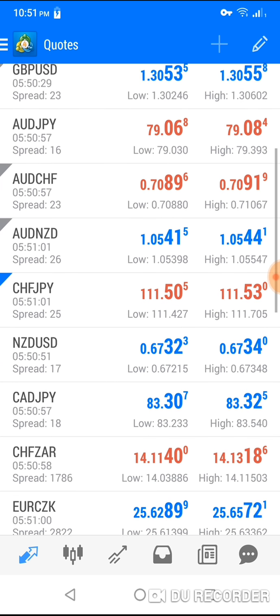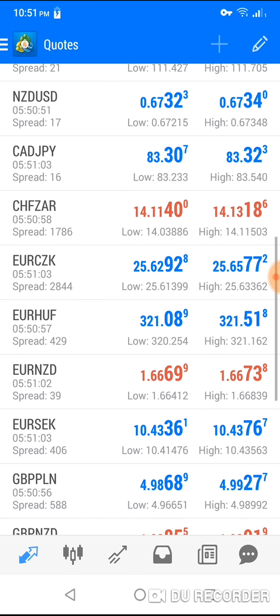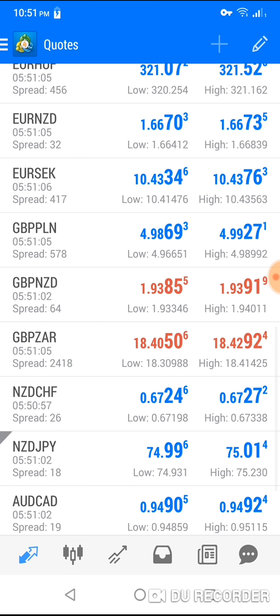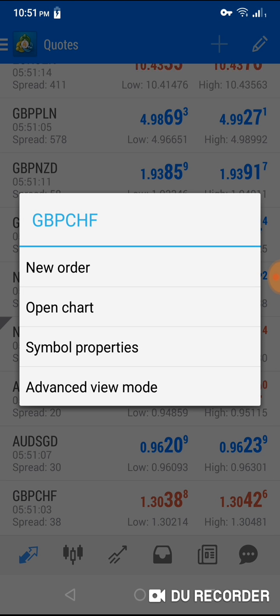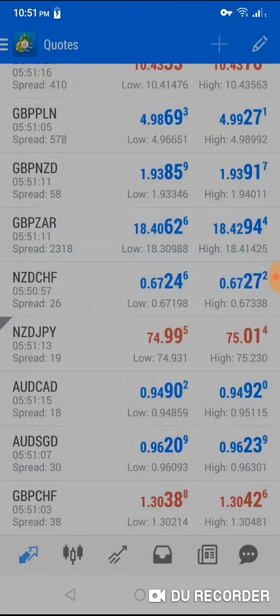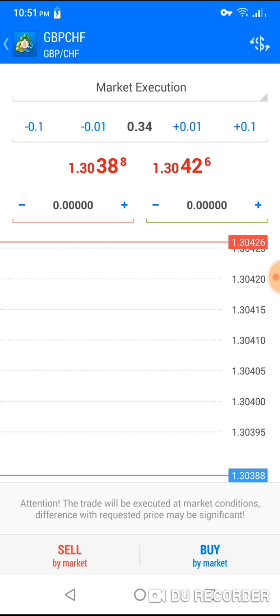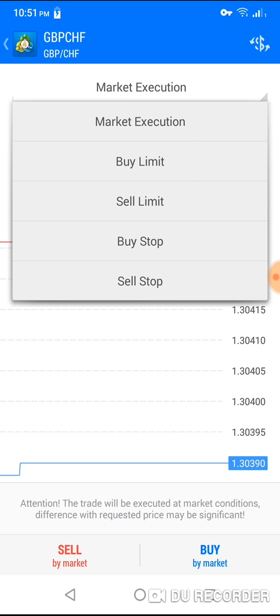And we're going to find our pair. There's our pair down here at the bottom, GBP CHF. We're going to click on New Order. Where it says Market Execution, we want to change that to Sell Limit.